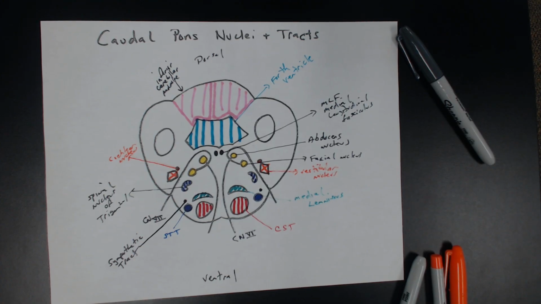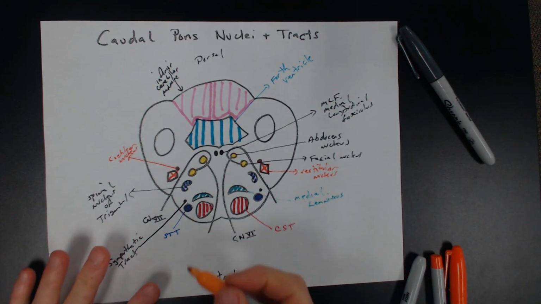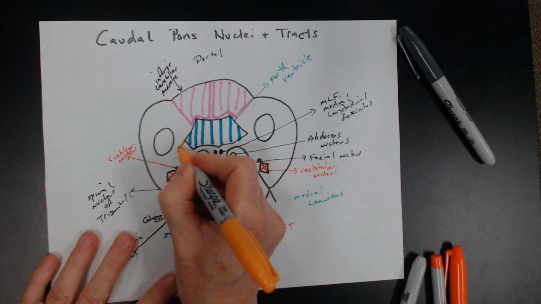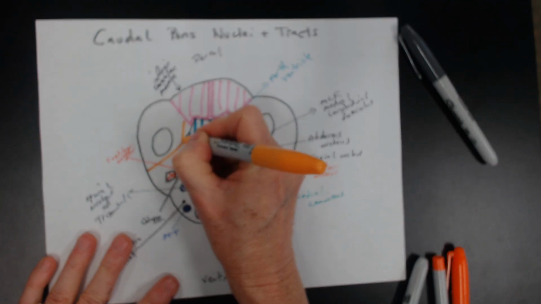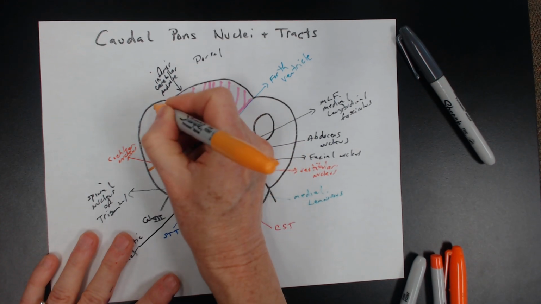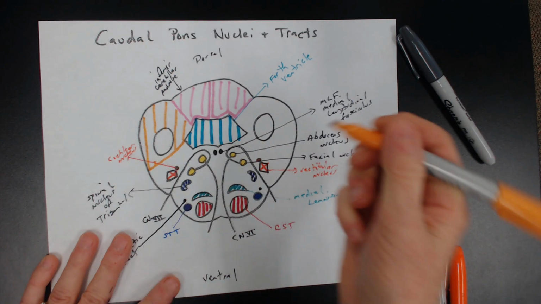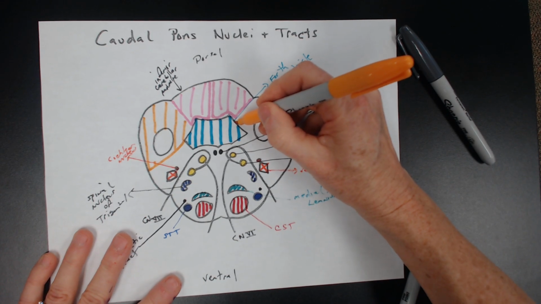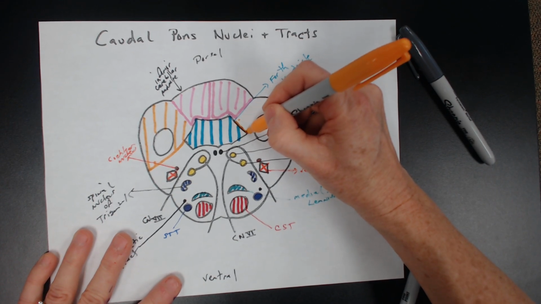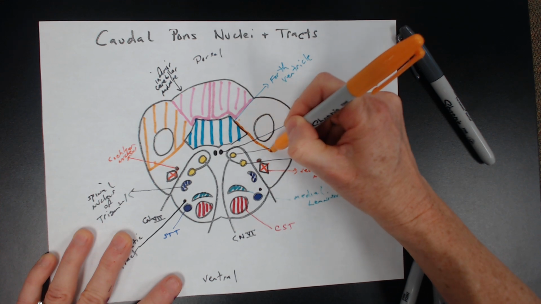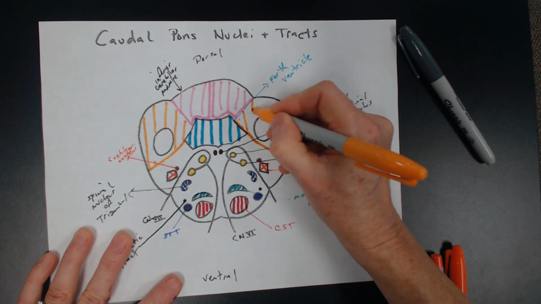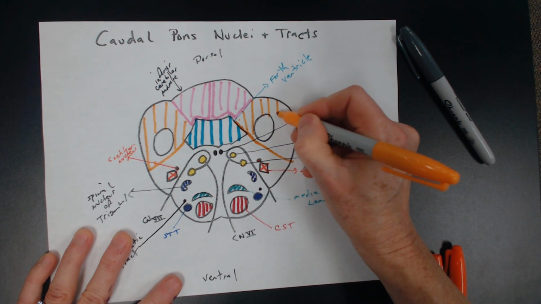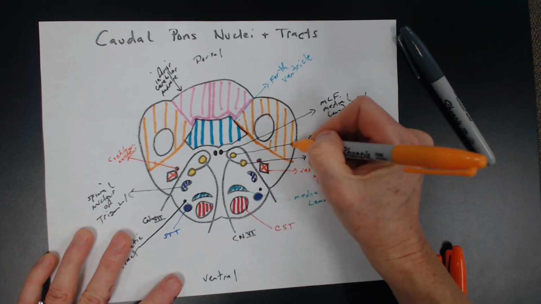Another large connector to the cerebellum is going to be here. Present bilaterally. This main connector is going to be your middle cerebellar peduncle.